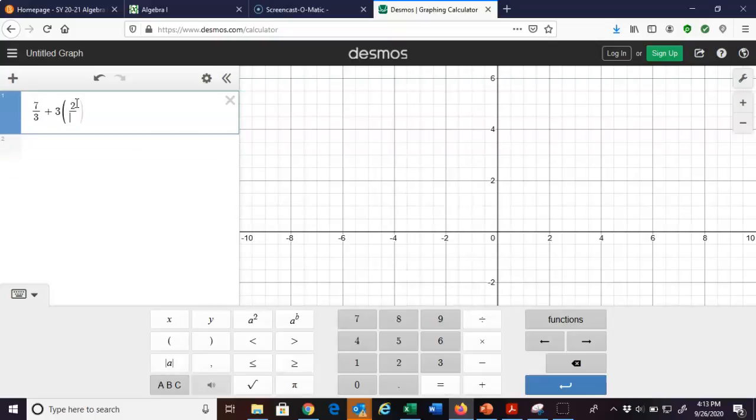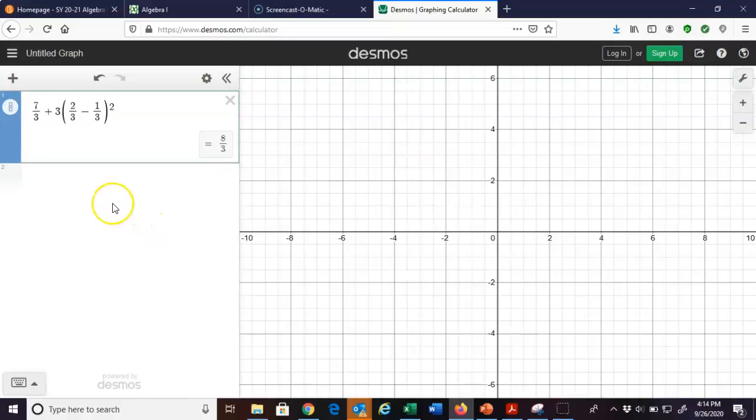Let's put in our fraction 2/3, arrow over, minus 1/3. Whoops. Arrow over, close up the parentheses, and then grab the squared. Okay, here's the decimal fraction, and we get our 8/3. There it is. It's a great way to confirm your answer, and just be careful how you enter it.